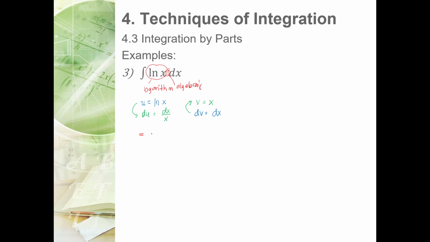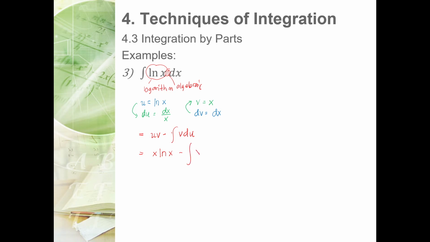Okay, so again, the formula: uv minus the integral of v du. So ln x times x. The best way to write it is x times ln x minus the integral of v du.